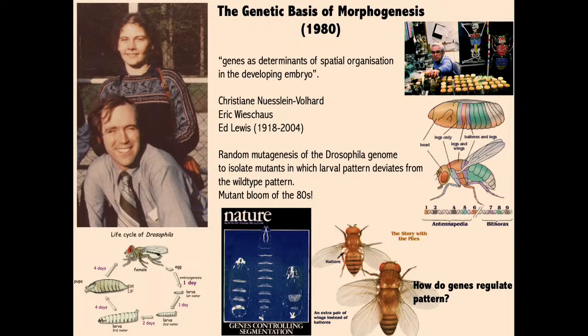It was also the second contributor to why Drosophila became a very good multicellular organism model to understand not just morphogenesis, but a whole host of other things. And that led a lot of people to ask, how do genes regulate pattern?